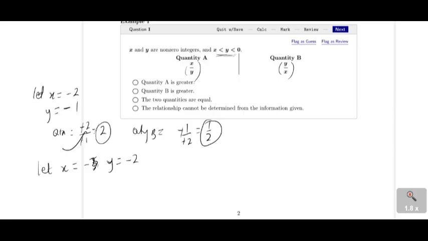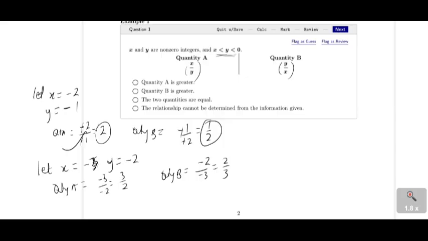All right, so here too in quantity A, we have x over y. So we have -3 over -2, and this will give us 3 over 2. Then in quantity B, we are going to have y over x. So -2 over -3, and that is going to be 2 over 3.